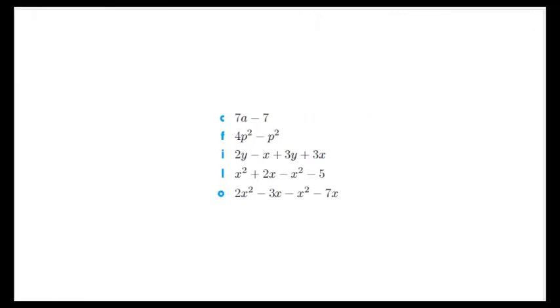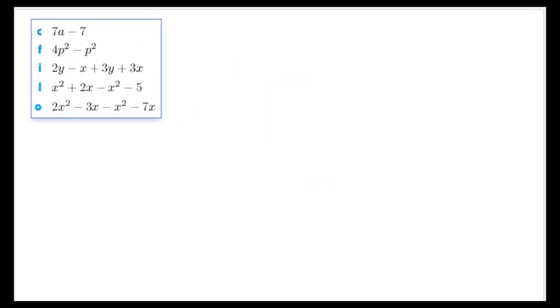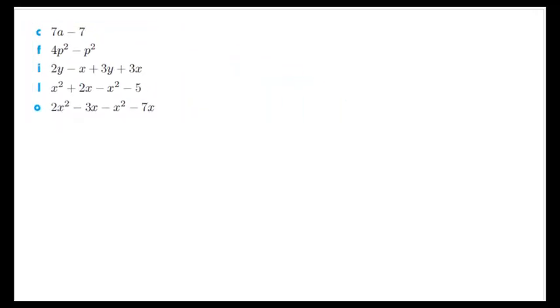Next up, let's have a look at question 2. So question 2 gives us negative 7a minus 7. And what we are trying to do is collect like terms. So if I'm doing that, negative 7a minus 7 does not have any like terms, so it stays the same.